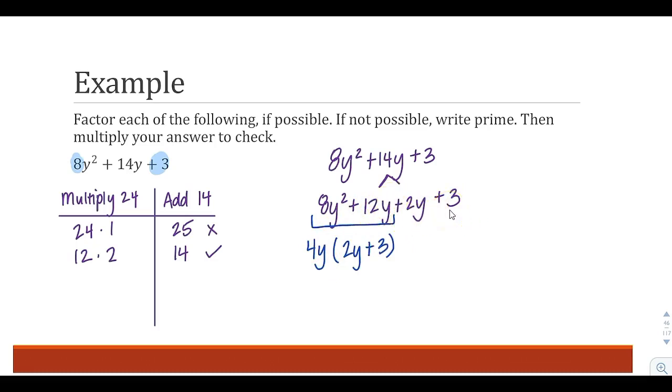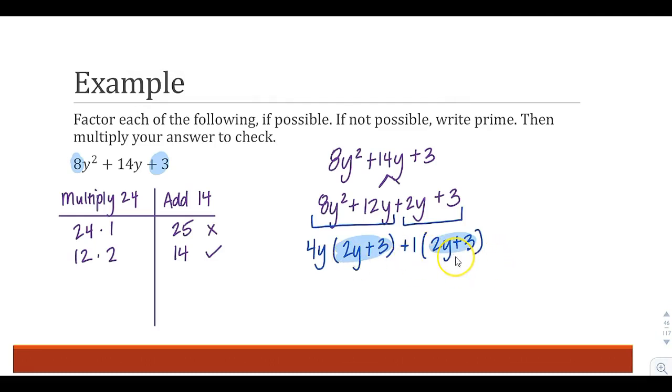Now within the next two terms, in the next grouping, here I can't pull out anything other than 1. So I can factor out a positive 1, which means I just have the exact same thing left over, 2y plus 3, which of course I needed to happen. I want to have that same exact binomial left over because that's the one that I'm going to factor out now.